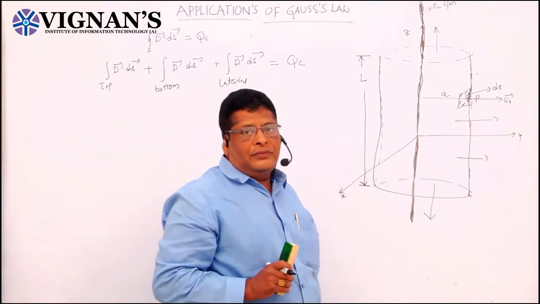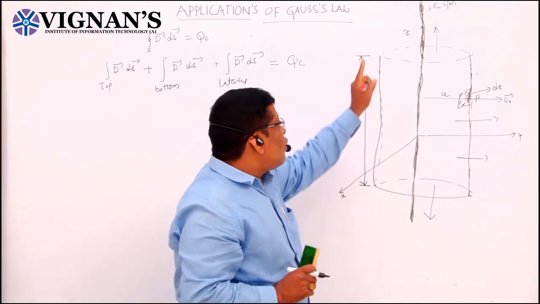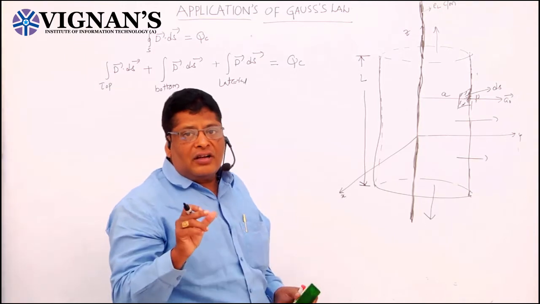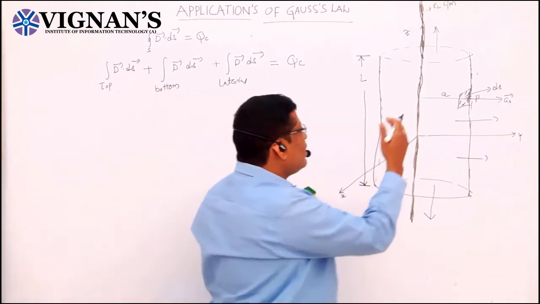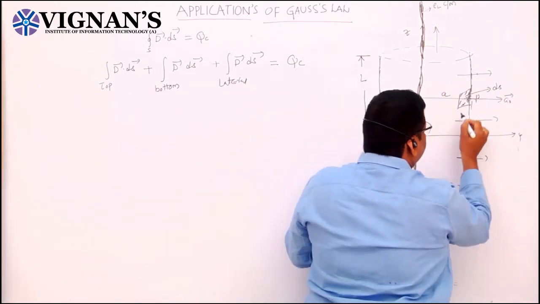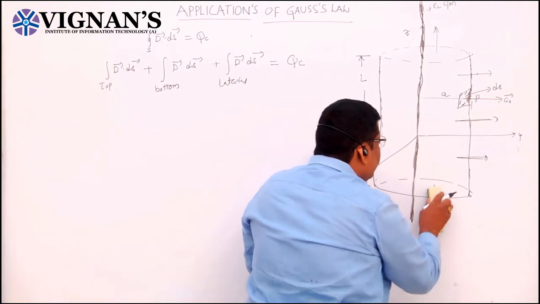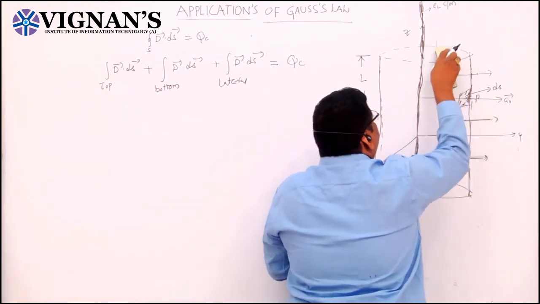Now come to this diagram. In this diagram, we kept the line charge on the z-axis. So whatever flux is coming from the line charge is always in the radial direction. In this direction only the flux is there. There is no flux in an upward direction as well as a downward direction.